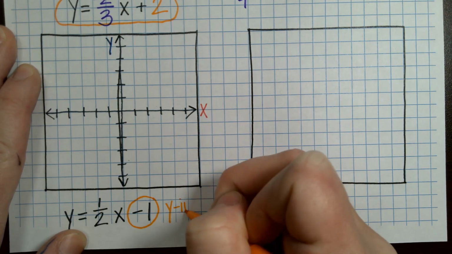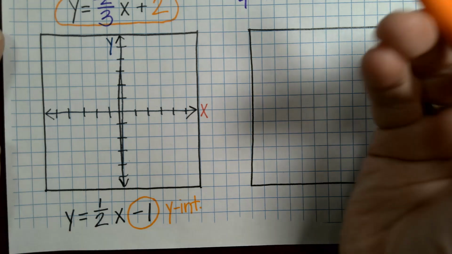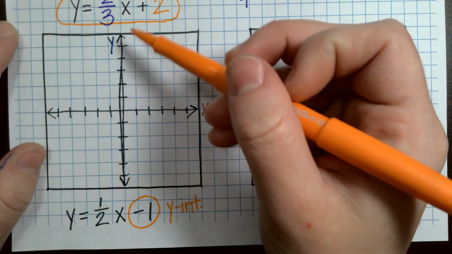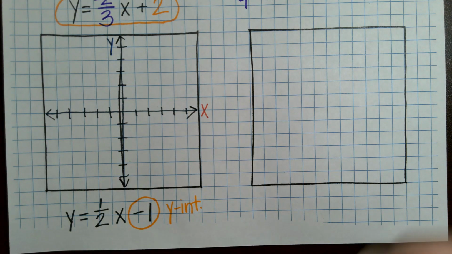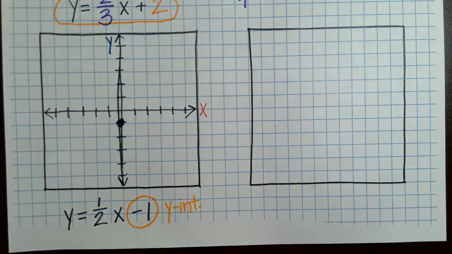So I'm going to label that y-intercept, and I'm just going to abbreviate that to INT for intercept. So where's our first point going to go? Yeah, -1 on the y-axis. So let's draw a point right here at -1 on the y-axis.